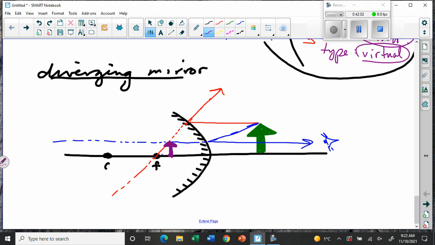Remember, the bottom of the arrow is always on the axis. So here's what we get. There's our image. Remember, the dotted lines have to be drawn backwards from the reflected rays, not the incident rays. After you reflect the rays, you draw those lines backwards. Okay, that's important.